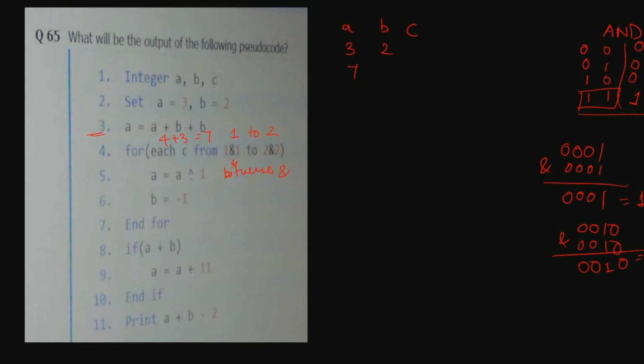Now A equals A XOR 1. So what is the value of 7? 7 is 0 1 1 1, and what is 1? 0 0 0 1. Okay, I'll write the XOR table again so that it will be easy to understand. See, whenever there are two same digits, then the output will be 0, like 1 1 is 0.